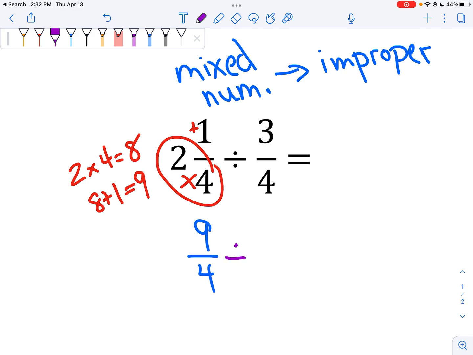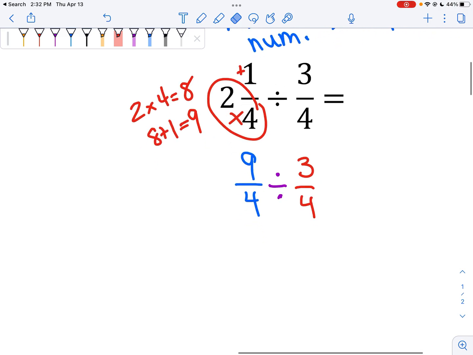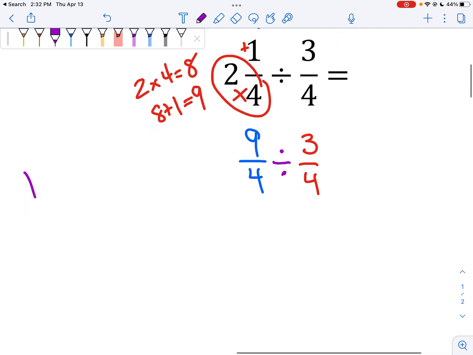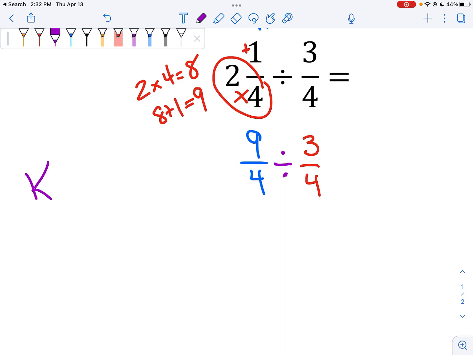I'm going to write that underneath, 9/4. Then divided by. The second number up here is a fraction, so I'm going to leave that alone, 3/4. If you got to the division problems in class, you saw a slide that said keep, and then change, and then flip.